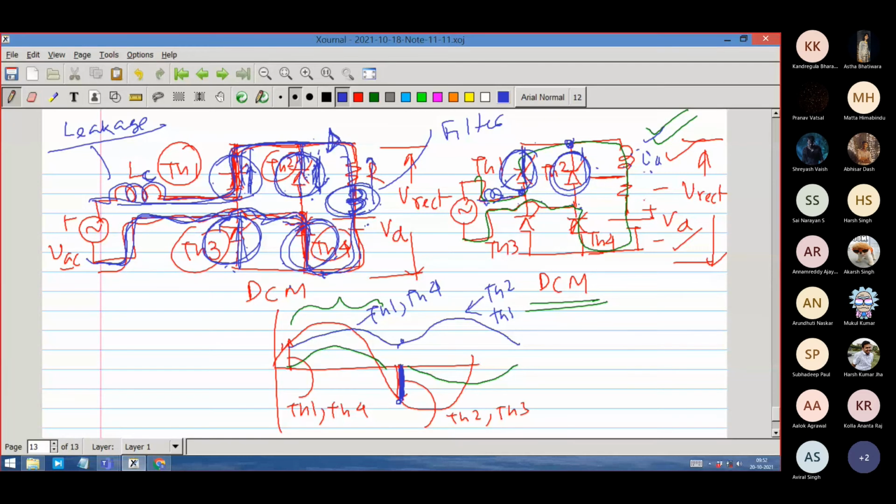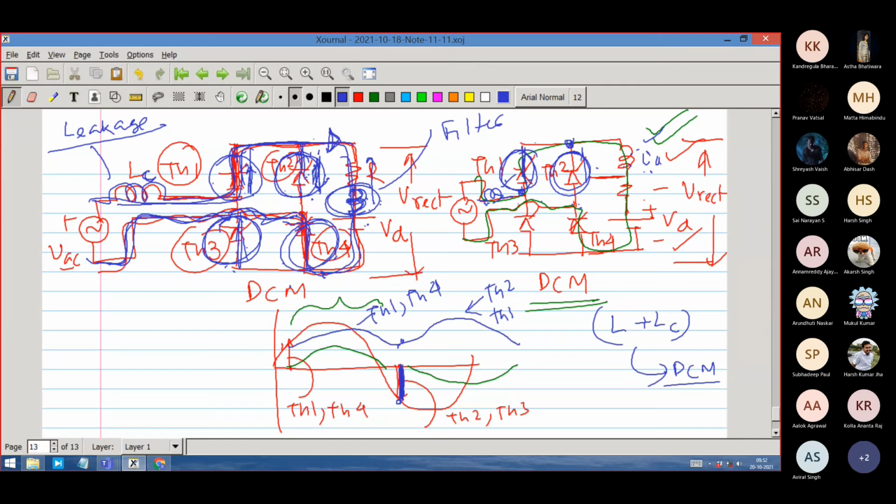After coming in series, the effective inductor is L plus LC. If L and LC mix in DCM, then it doesn't matter whether L plus LC is in the AC side, L plus LC is in the DC side, or LC is in the AC side and L is in the DC side. It doesn't make a difference in the discontinuous conduction mode, right?